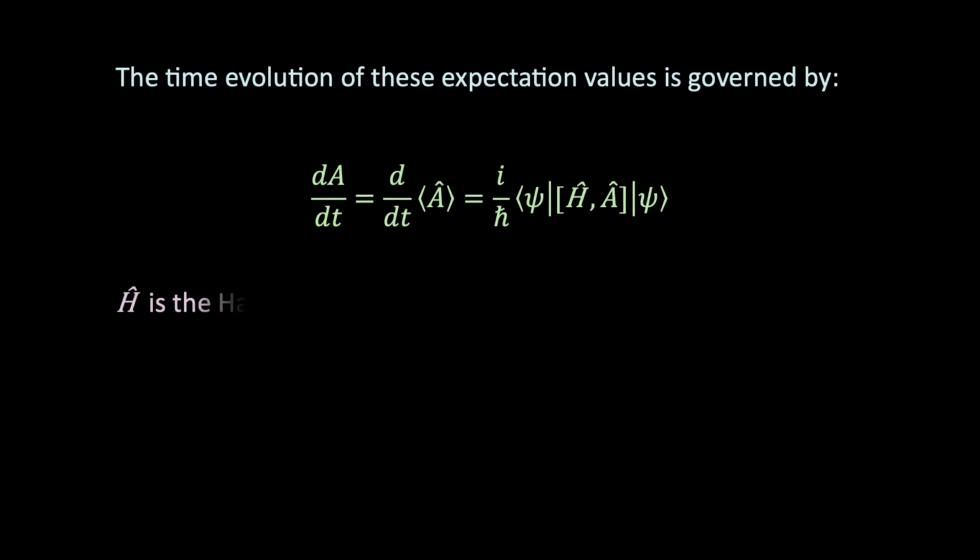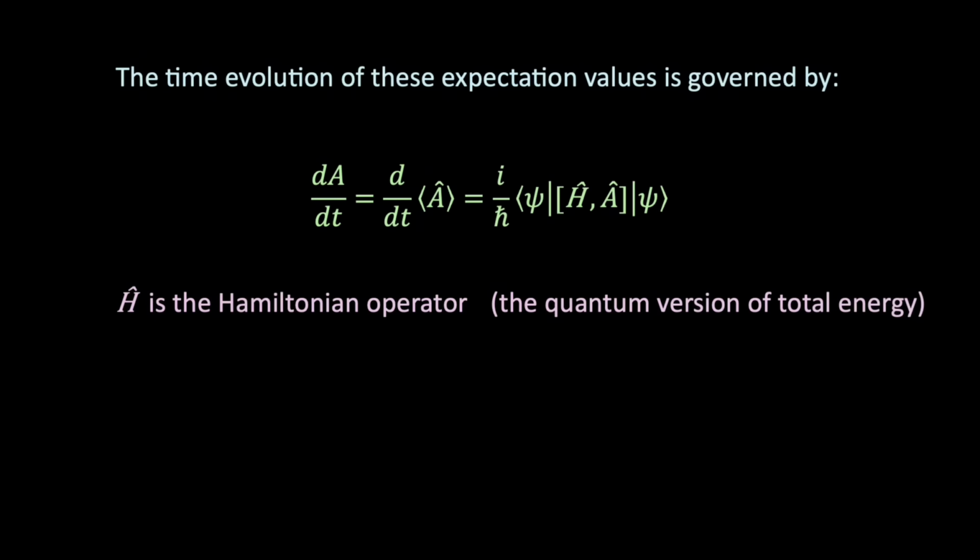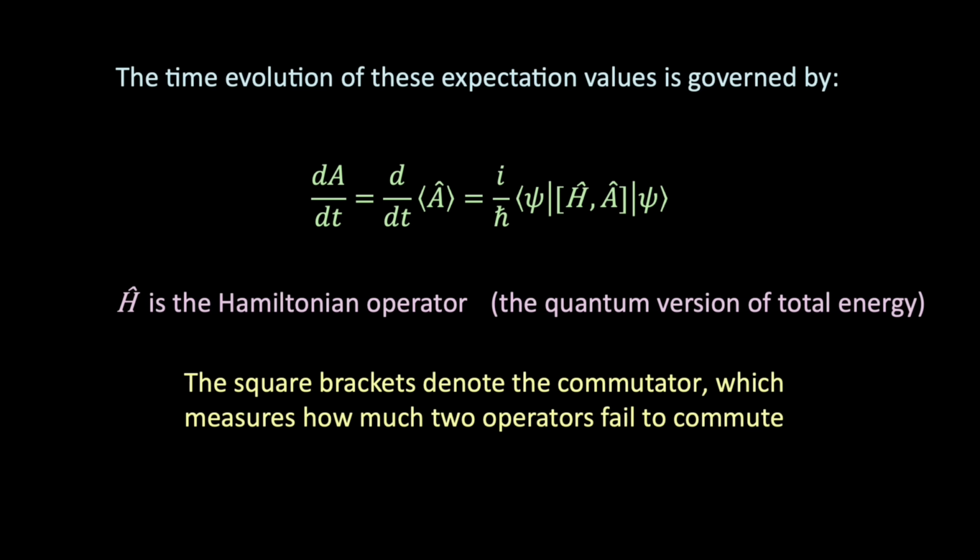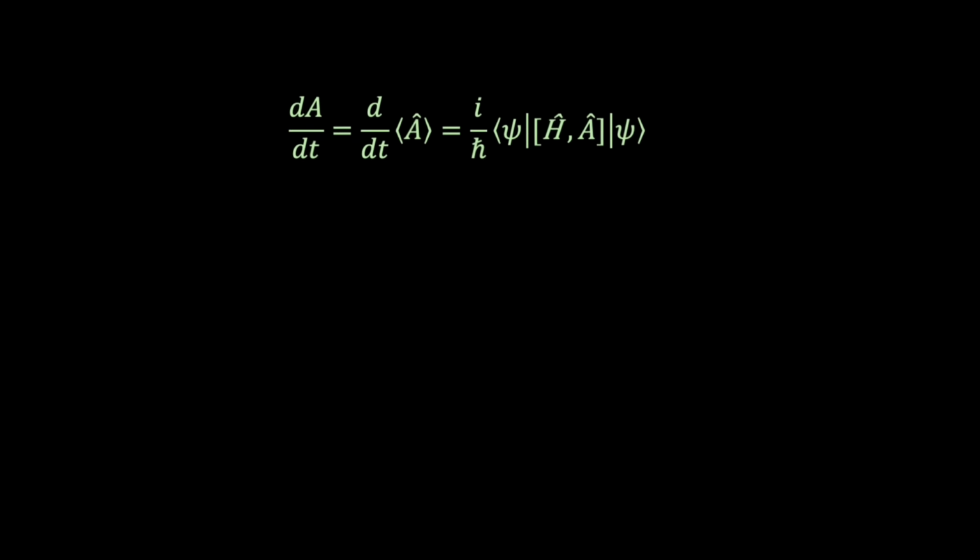The time evolution of these expectation values is governed by the following central equation in quantum mechanics, where H is the Hamiltonian operator, the quantum version of total energy, and the square brackets denote the commutator, which is defined in the following way.